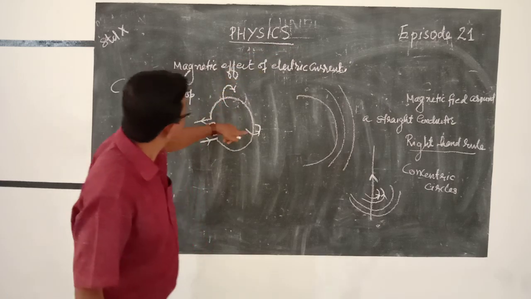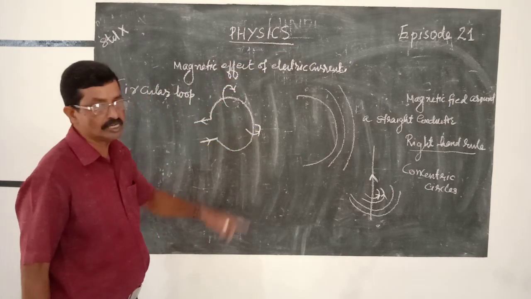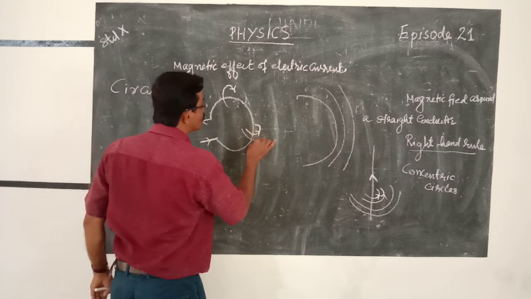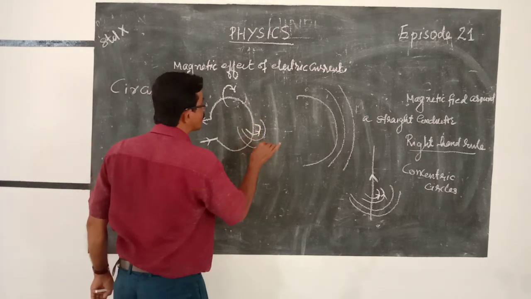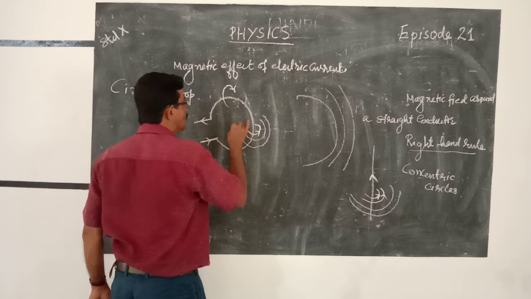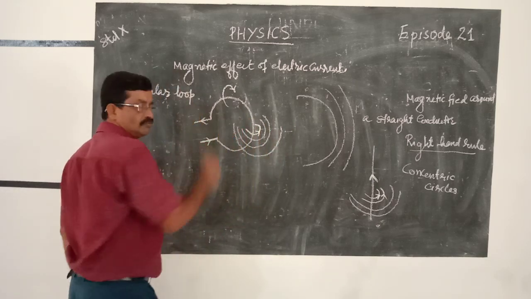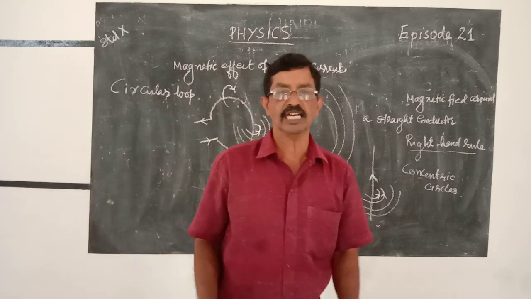Here you see, when the current flows through this loop, these concentric circles gradually increase in size, and at the center it becomes a straight line.